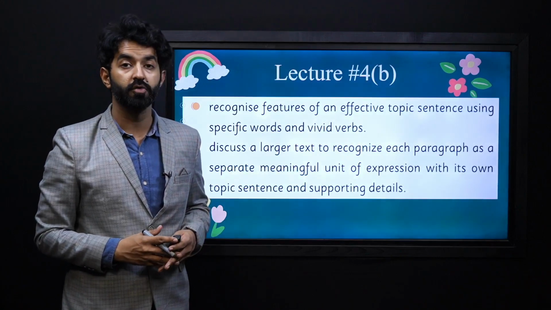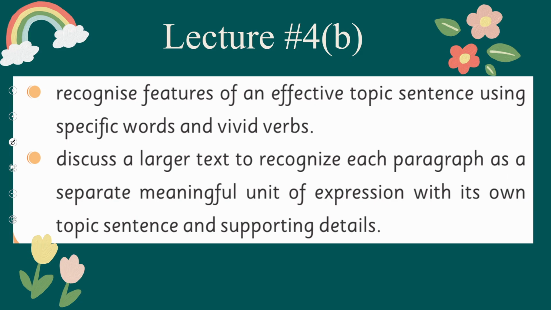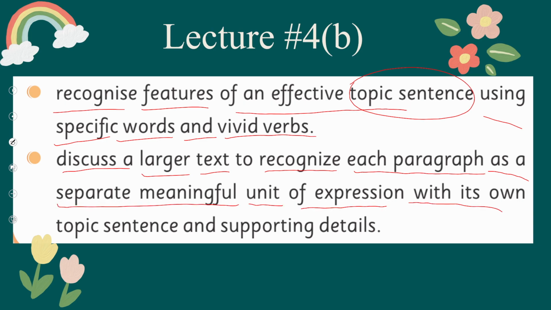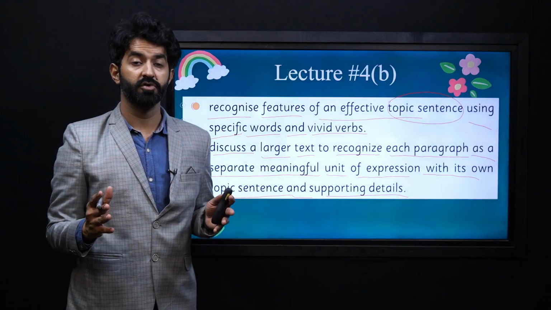Now let's move on to lecture 4B. Let's read this SLO together. Recognize features of an effective topic sentence using specific words and vivid verbs. Discuss a larger text to recognize each paragraph as a separate meaningful unit of expression with its own topic sentence and supporting details. My dear learners, this is about the topic sentence, the constructing of any paragraph.